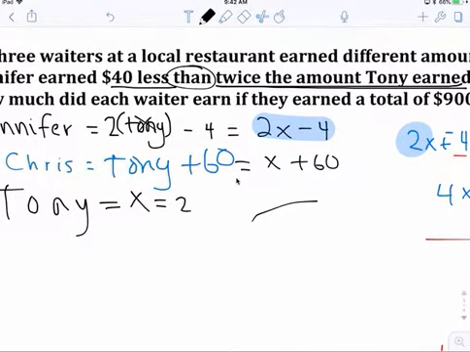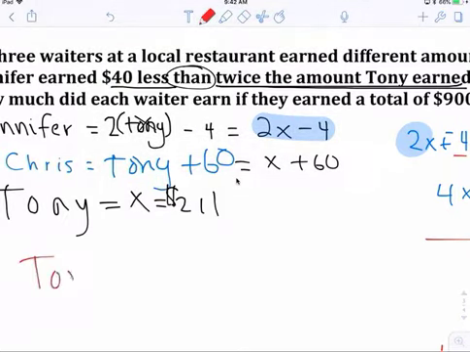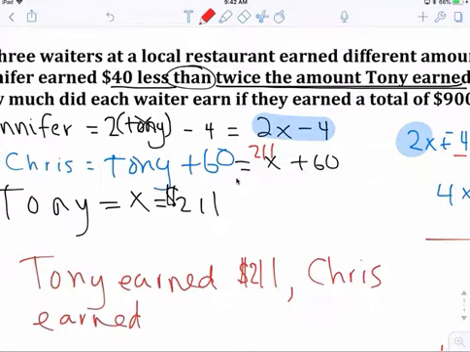Tony is $211. Let's find out the others. Tony is x, 211, add to 60. Chris earned $271, because 211 plus 60.